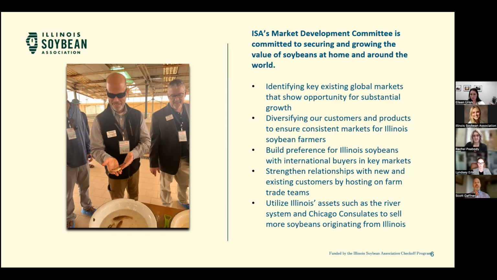And as I was talking to some buyers while we were in Egypt, they indicated that they can get soybeans from other locations, and sometimes it may even be a little bit cheaper than our soybeans from the United States. But what set us apart was when they ordered those soybeans, they knew that they would be at their facility when they needed those soybeans. And so this is why it's important that we make sure that we let people know about those strengths that we have.